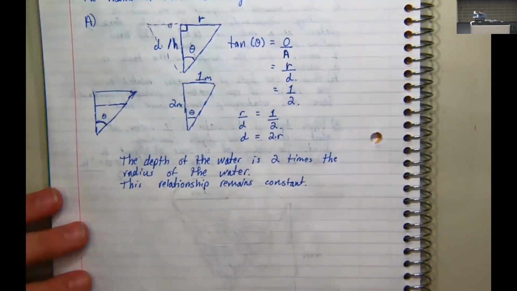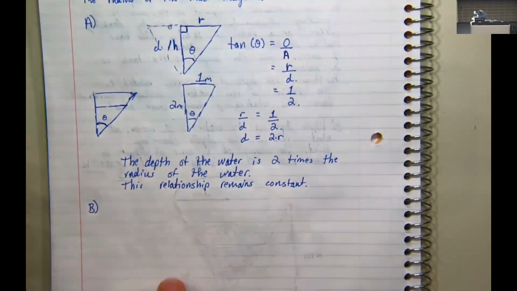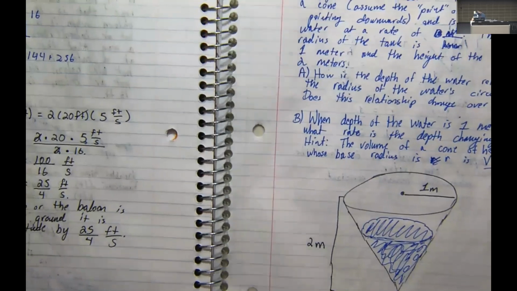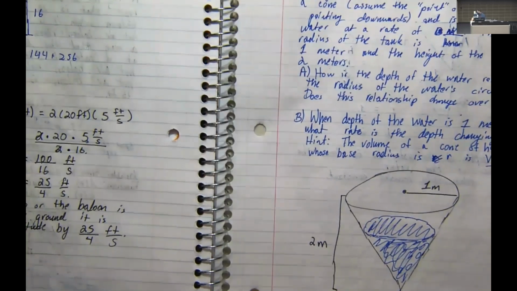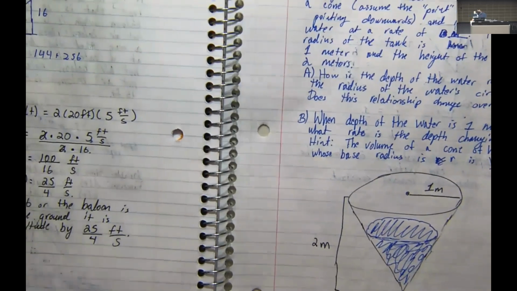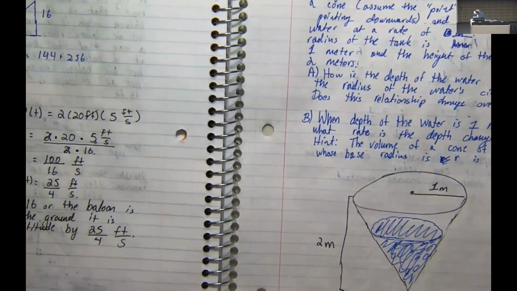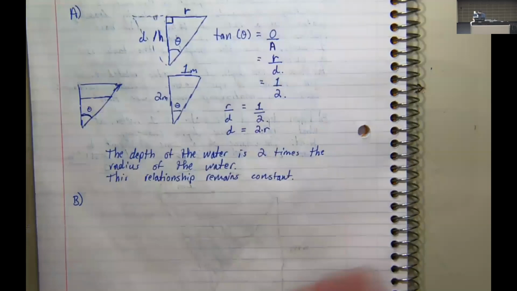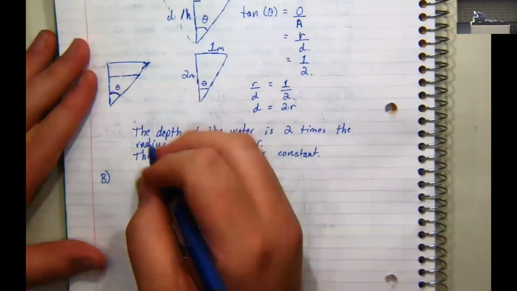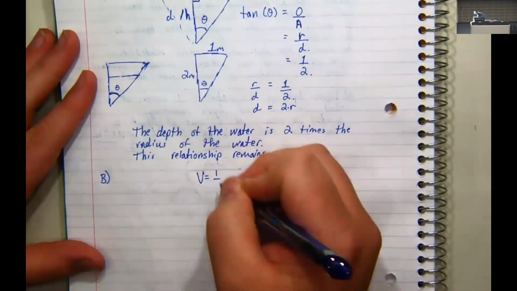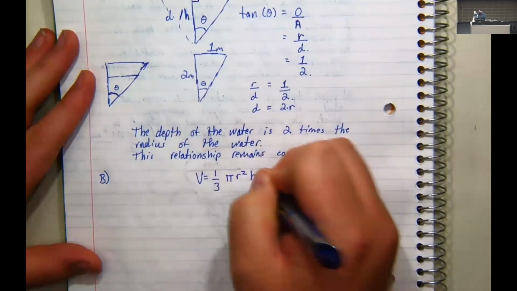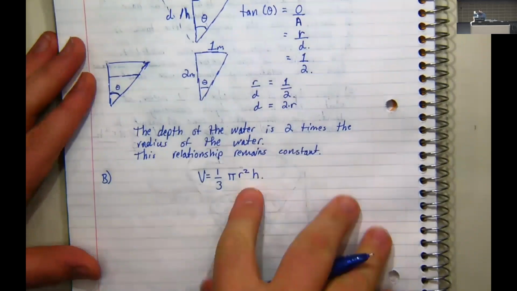Okay, so that's A. Part B is saying when the depth of water is 1 meter, at what rate is the depth changing? Hint, the volume of the cone at height h, whose base radius is r, is V equals 1/3 pi r squared h. So we have V is equal to 1/3 pi r squared h. We've already discussed how d and r are functions of time.